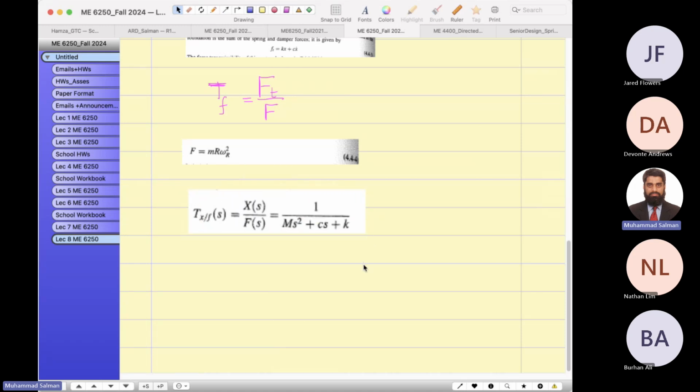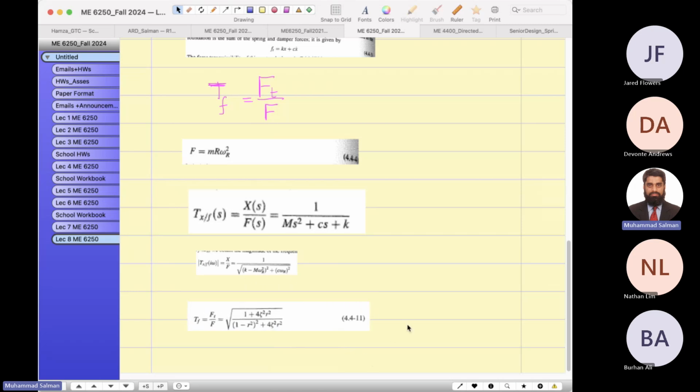We have done the transmissibility from x over F, which can be written like this, and then you plug in terms of the frequency domain. I want to cut short the derivation and go to the formula. So let me write down the final formula for this equation. I'm going to show you force transmissibility first.